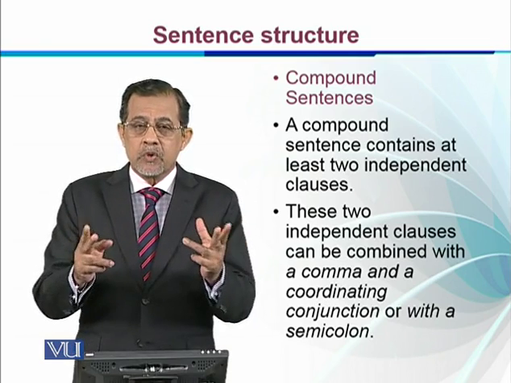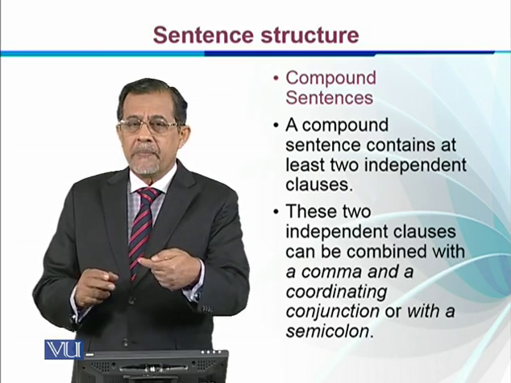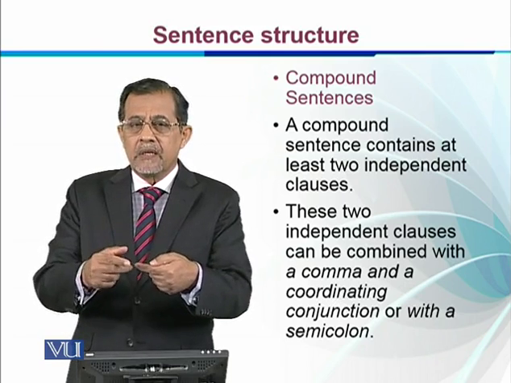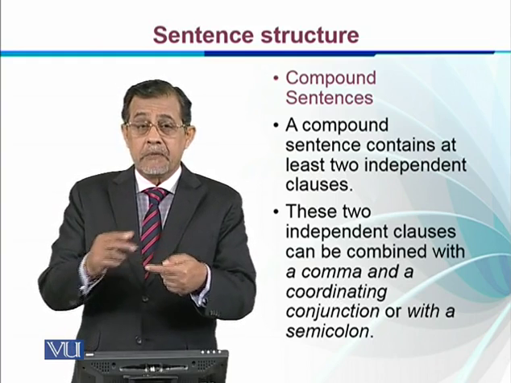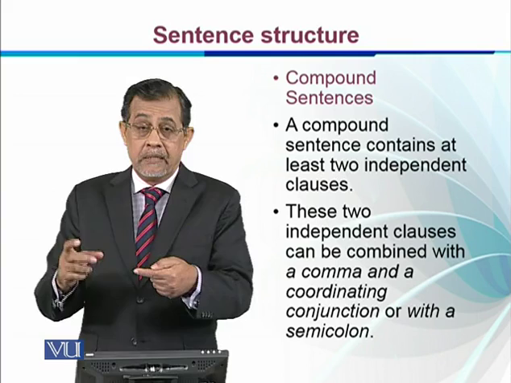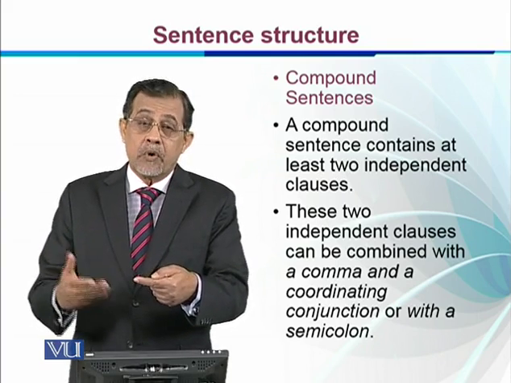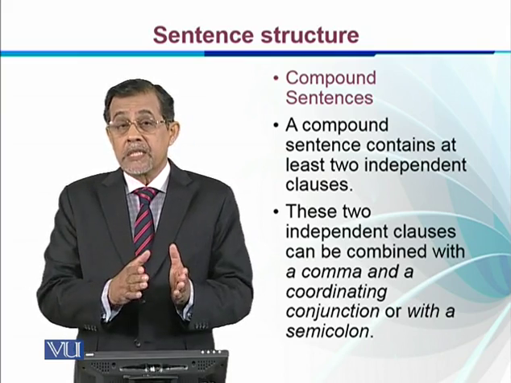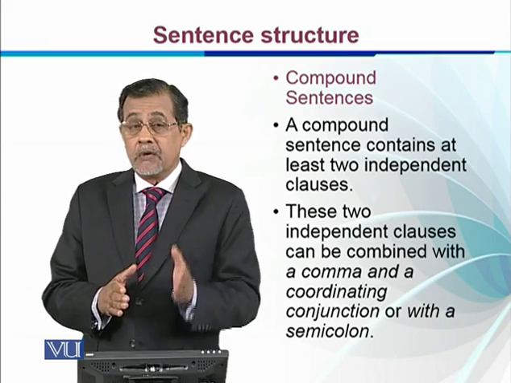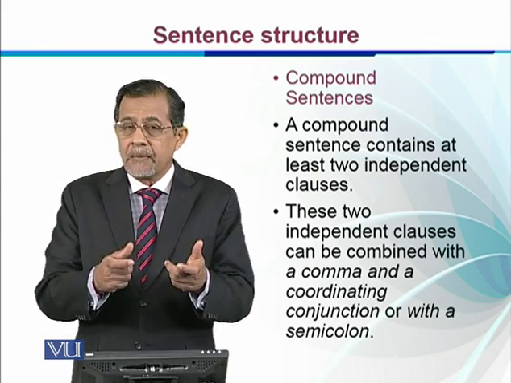So you can take two independent clauses and join them first with a comma and then with a coordinating conjunction. Obviously, when I say coordinating conjunction, I mean independent coordinating conjunctions. If you are not using a comma with a coordinating conjunction, you can use a semicolon.